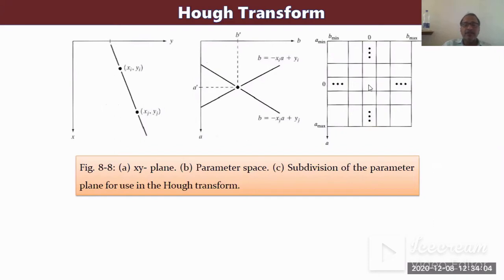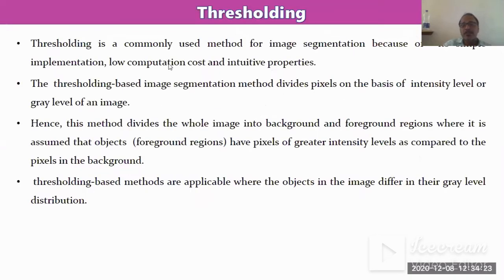So subdivision of the parameter space is one of the important things in Hough transformation. This is one of the techniques used for linking of the edges, or linking of the points which are on a single line. To link the points that are on a single line, this transformation is used.